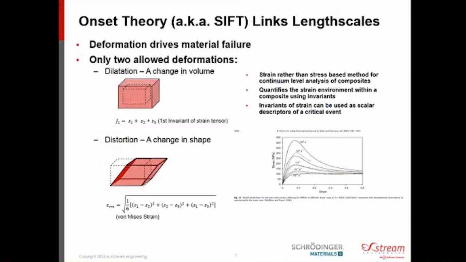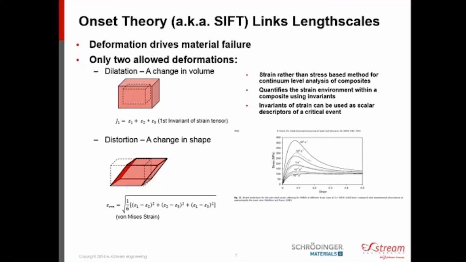That can't be computed by MD. The only theory that's out there right now where the critical values can be MD calculated is called onset, also known as SIFT, and it links the length scales.